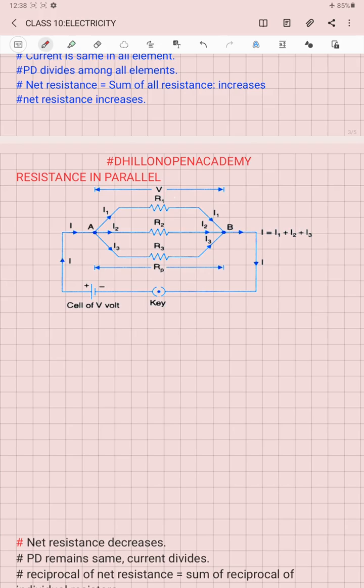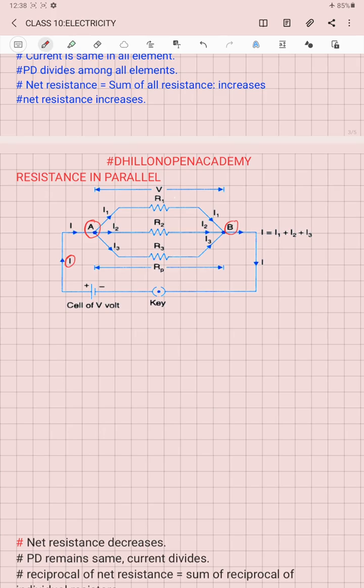So you can see that when the battery supplies a total current I, the current has to always come out from the positive terminal and enter back into the negative terminal. When current reaches the junction A, it has to go into the negative terminal, for which it has to first reach the junction B. But in order to reach the junction B, it has three conductive paths available to it: one by passing through R1, then R2 and then R3.